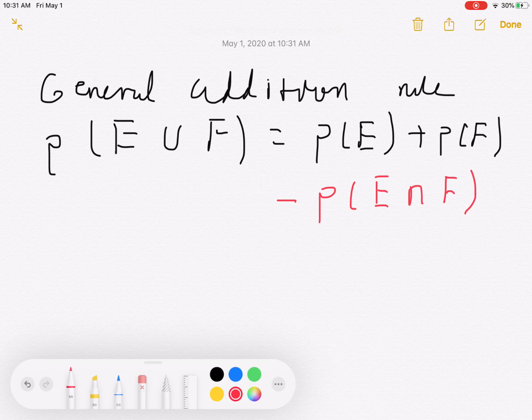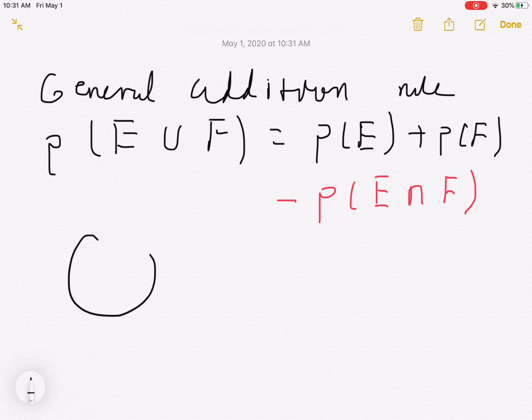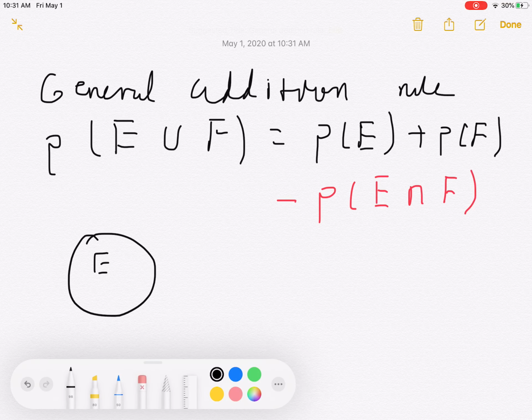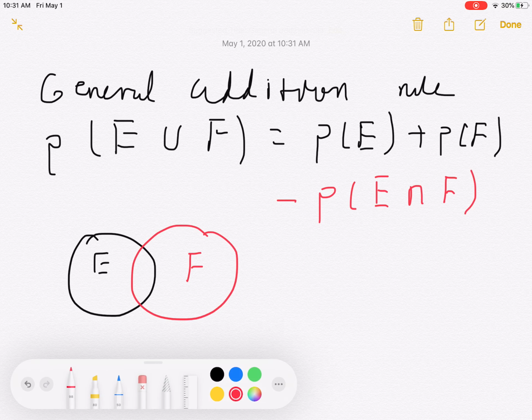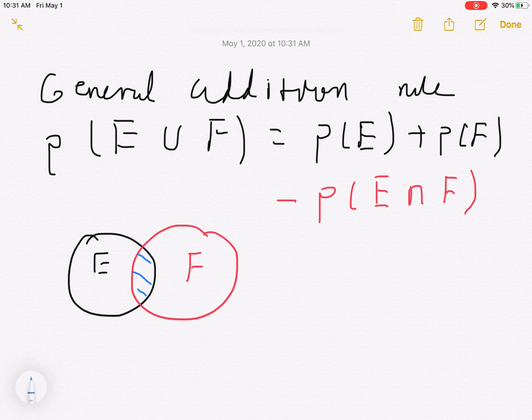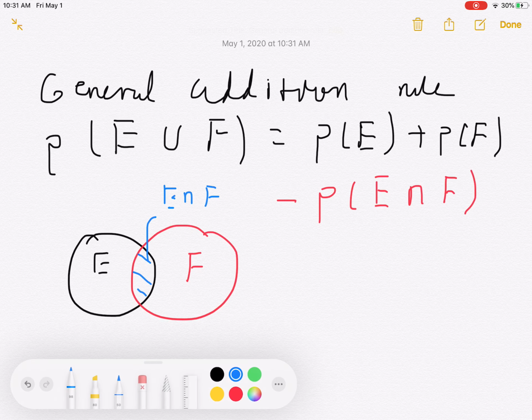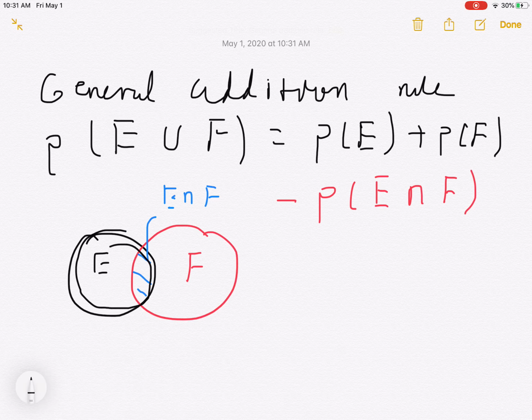Okay, and let me just draw this for you in terms of a Venn diagram. Here it'd be E, and here it'd be F. And the intersection would be E intersect F. Probability of E would be all of this stuff.